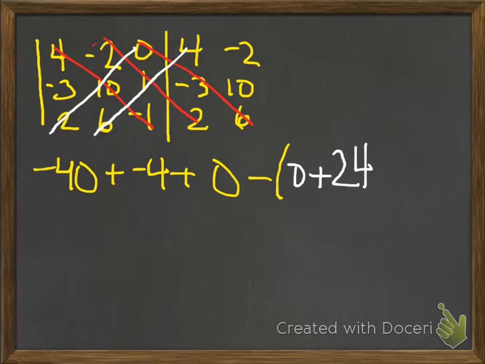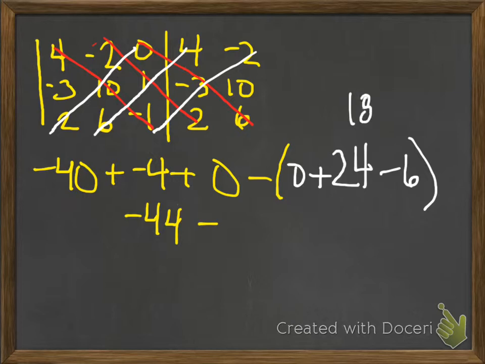And then negative 2 times negative 3 times negative 1, negative 6. And then you add, subtract. Negative 40 minus 4, or plus negative 4. And 24 minus 6. And then now you can just say, what's negative 44 minus 18?